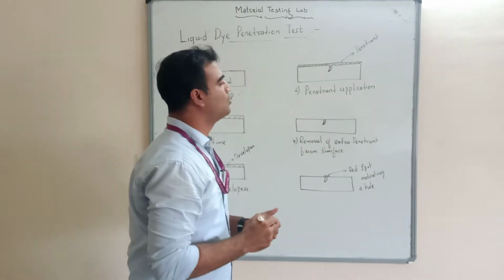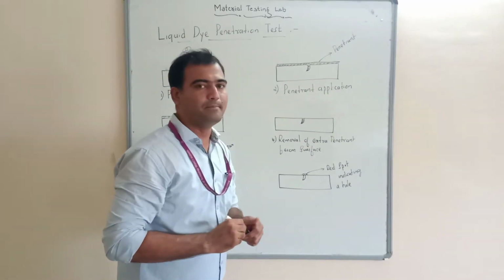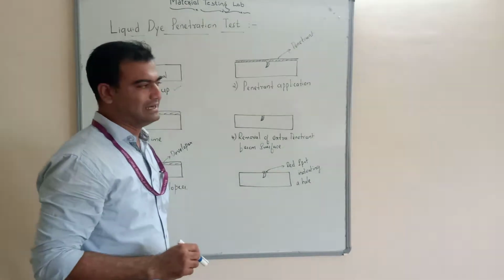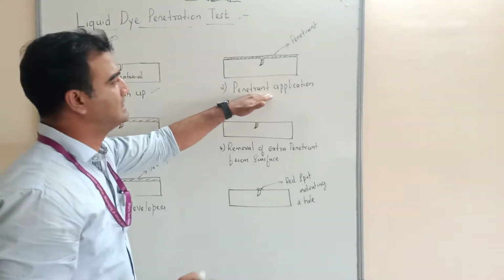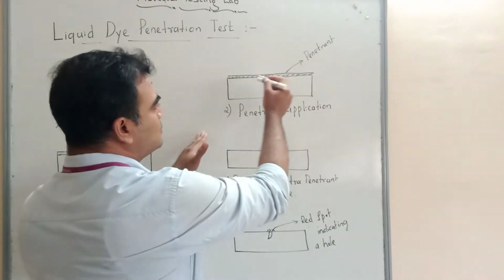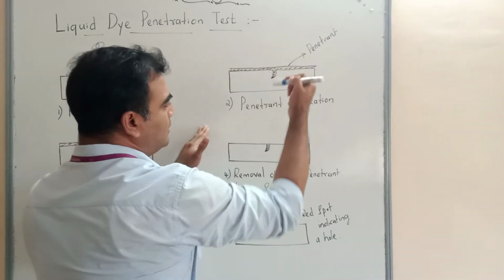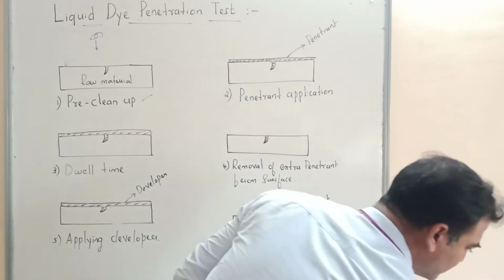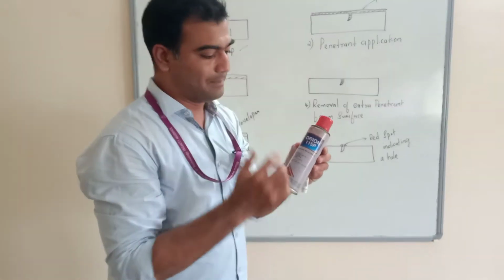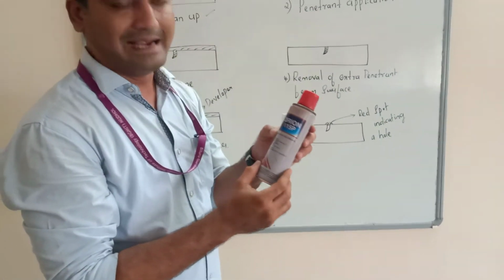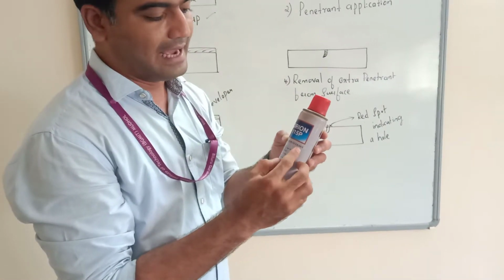The second step is to apply the penetrant, which is a very important step in the liquid dye penetration method. Once the surface is clean, you are going to use the penetrant. This is the penetrant we use for the second step. It is red in color, so it is a red dye penetrant.